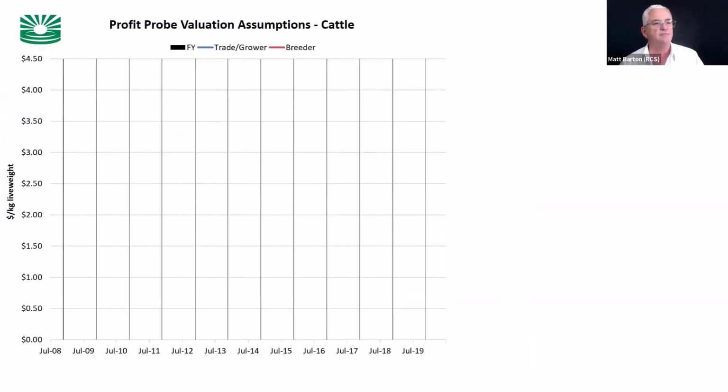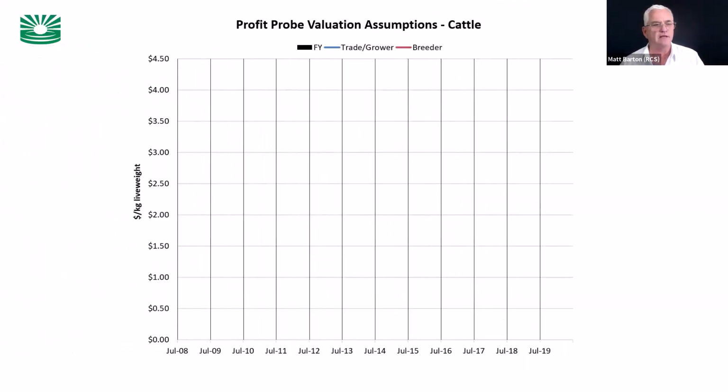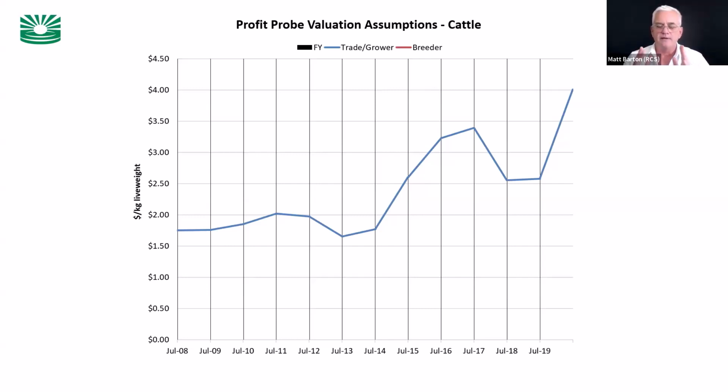We value animals differently. So if you have trading animals or weaner enterprises that we're aiming to sell, we will always mark them to market. So the opening value will be marked to market at the opening of the period. If we're opening the period at the 1st of July, it will be the current market value for that item.